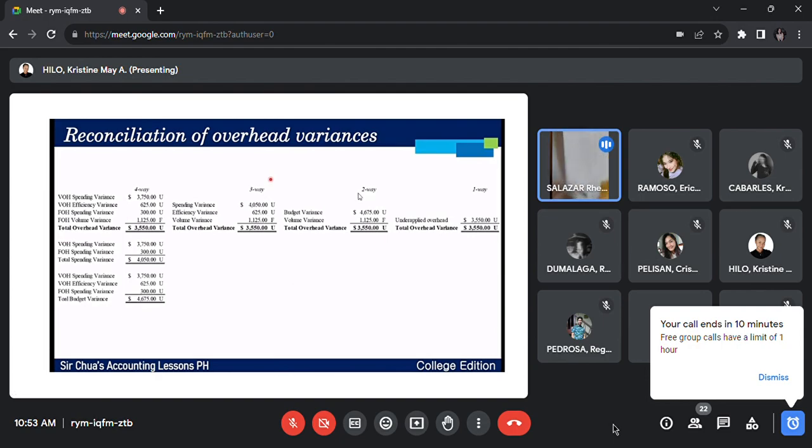Tapos sa volume variance nato, 1,125. I-minus nato kay favorable siya. So ang result sa ato two-way is 3,550 unfavorable gihapon.